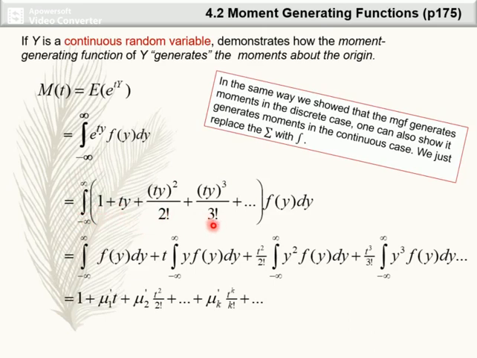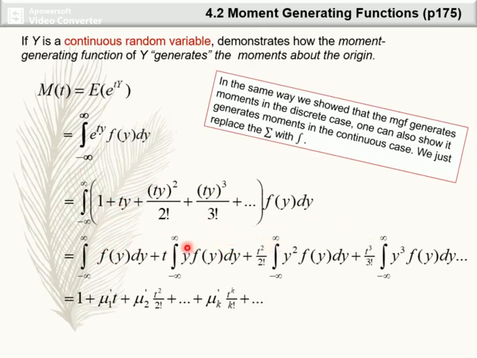And don't forget outside, we also have this fy, so we need to multiply each term inside by fy. So in the next step, you end up with 1 times fy surrounded by the integral. This part you have ty times fy surrounded by the integral, and you can keep doing that.